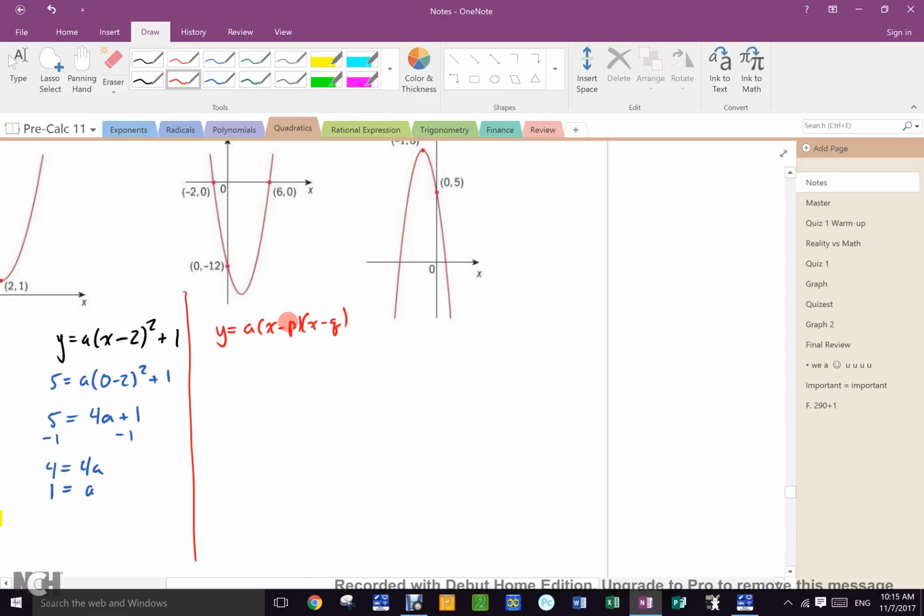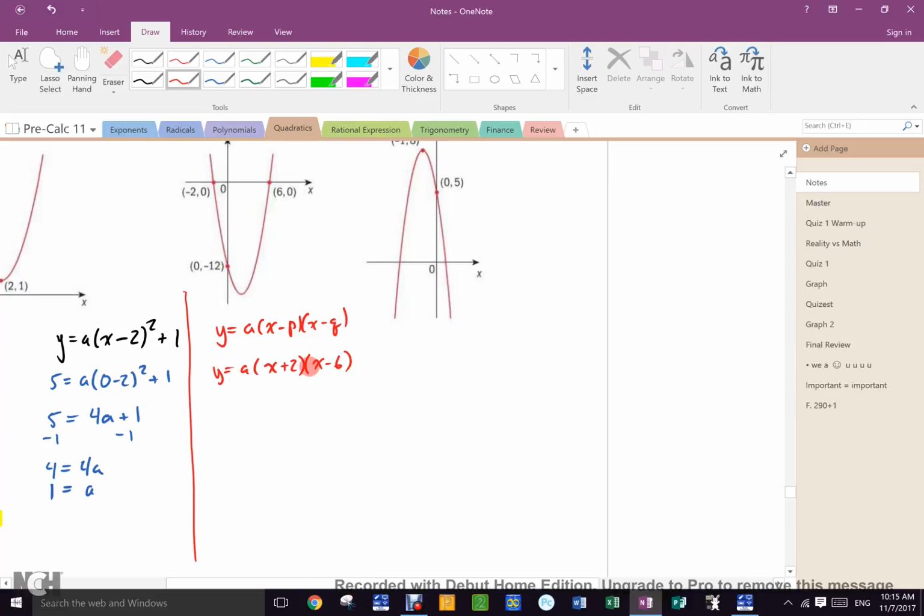I can't remember if it's minus or plus. It doesn't really matter. But I have those roots, don't I? So y equals a(x minus negative 2), which is what? x plus 2. And (x minus 6), yes?